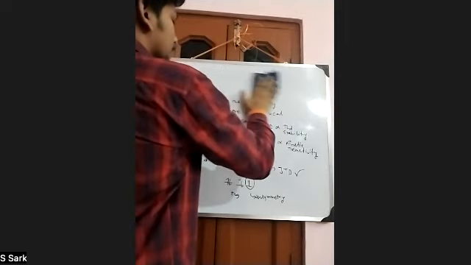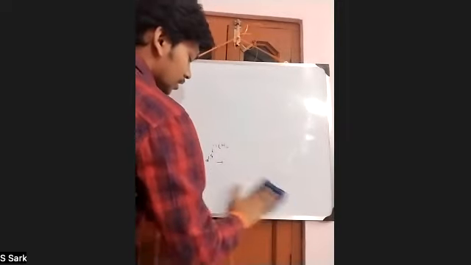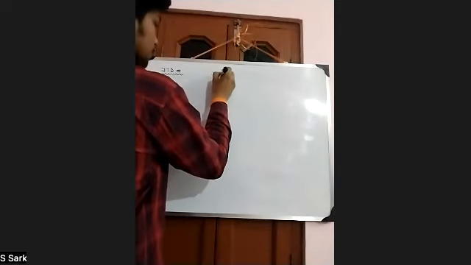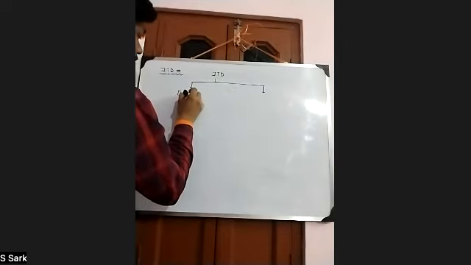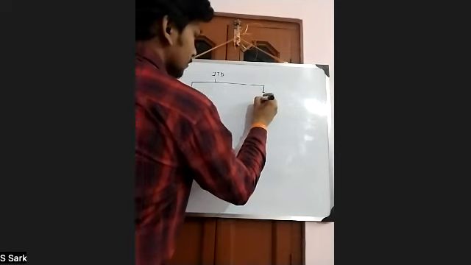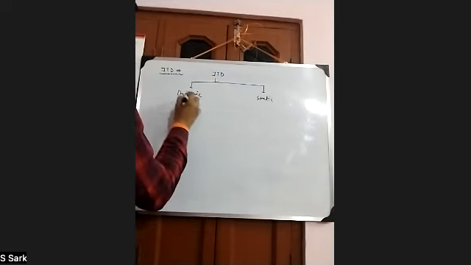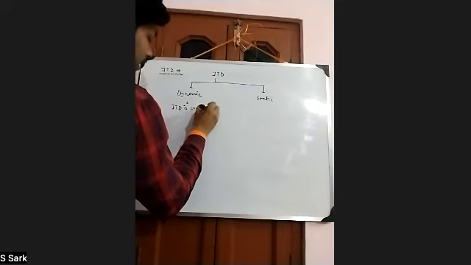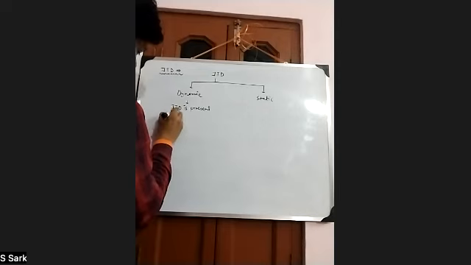But there are two types of John-Taylor distortion. One is called dynamic John-Taylor distortion and one is called static John-Taylor distortion. Dynamic and static. What is dynamic John-Taylor distortion? In dynamic John-Taylor distortion, JTD is present, but we cannot observe it experimentally.